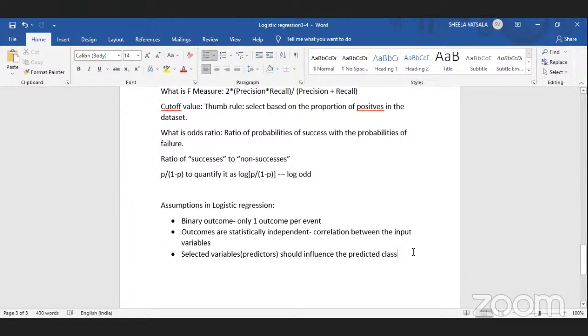These are assumptions, okay? Like we discussed, there can be any one between head and tail. It has to be any one for each event.